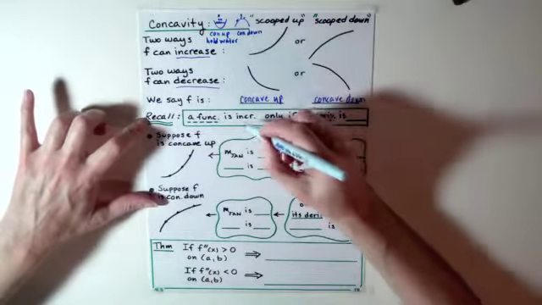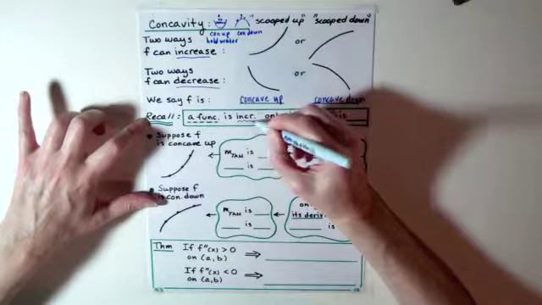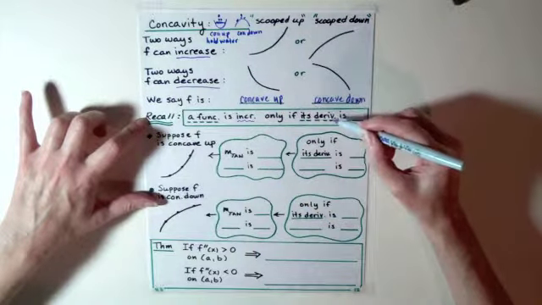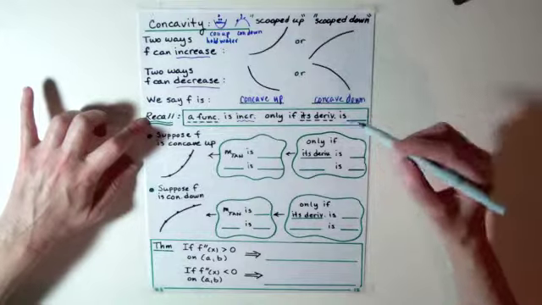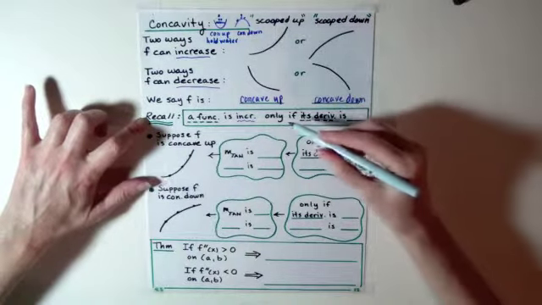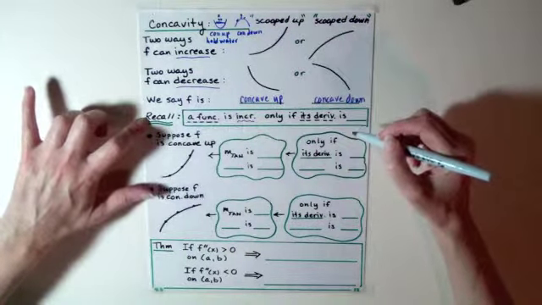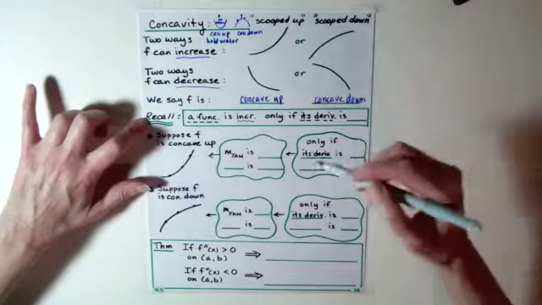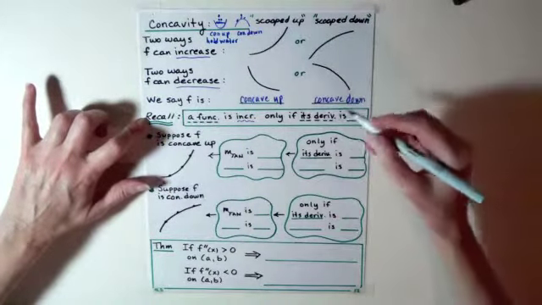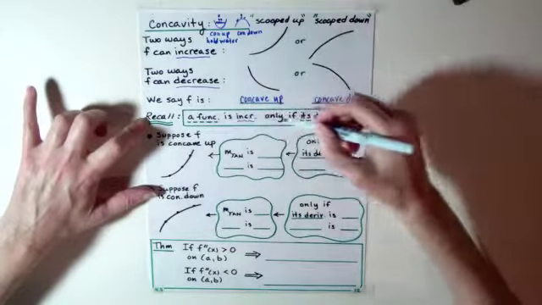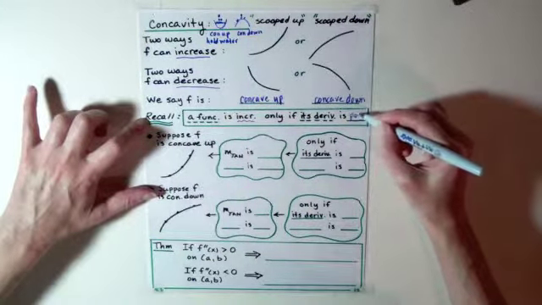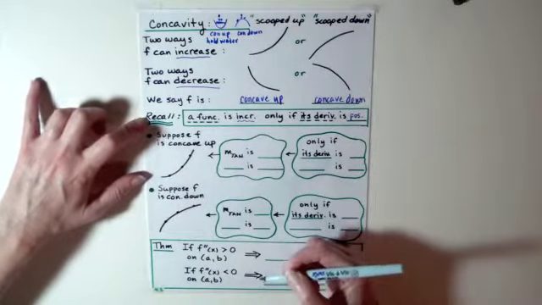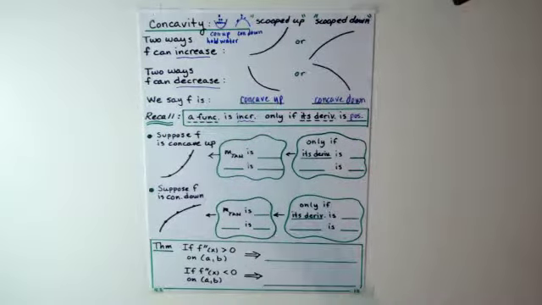We said a function f is increasing if its derivative is positive. Remember, a function is decreasing if its derivative is negative. So a function is increasing if its derivative is positive. All right, so keep that in mind.